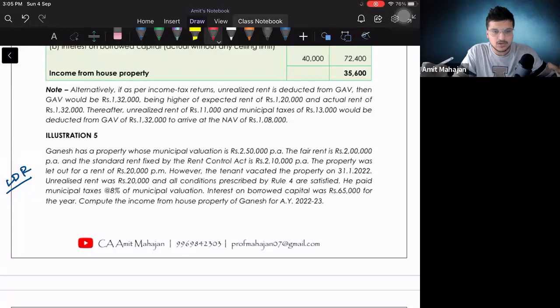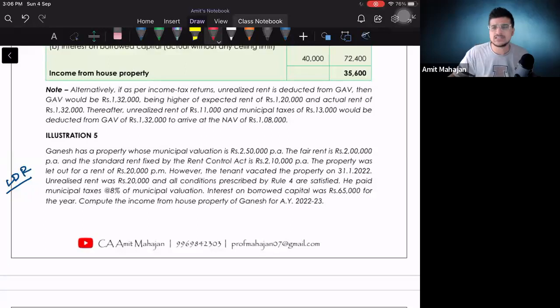The unrealized rent was 20,000 and all the conditions prescribed by rule number 4 are satisfied, which means you will be able to reduce 20,000 from the actual rent. He paid municipal taxes at the rate of 8% of municipal valuation, so we got the municipal taxes too. Interest on borrowed capital was 65,000 for the year. Compute income from house property of Ganesh for assessment year 22-23.